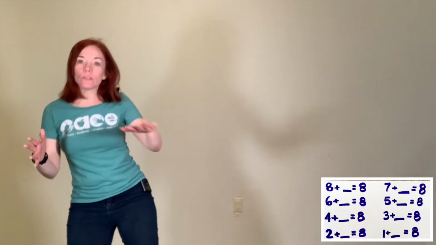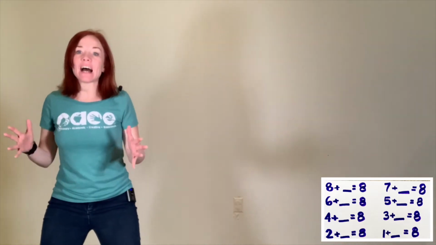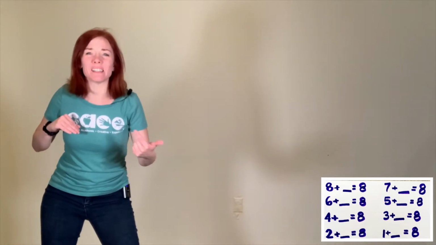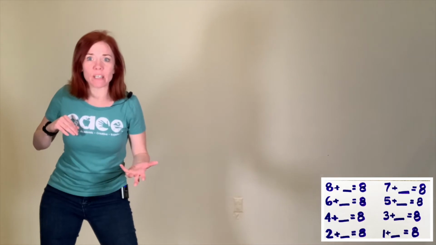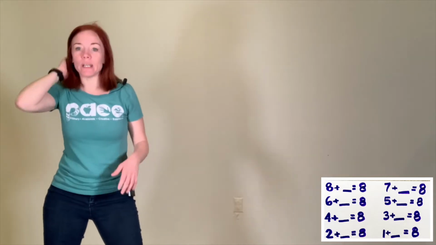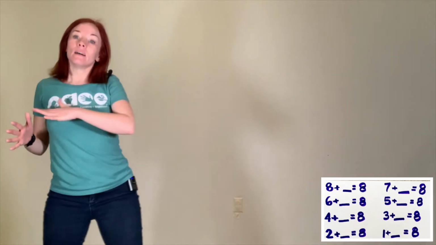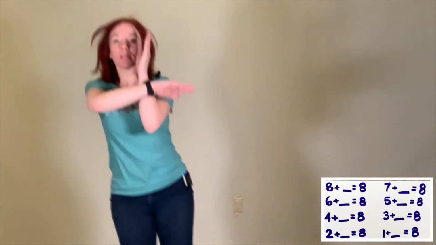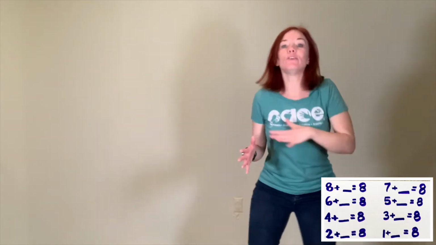Let's see. 1, 2, 3, 4, 5, 6, 7. How many more moves do we need to complete the number phrase that we did for 7? We only have one more move left to do, just that one, right? So we know 1, 2, 3, 4, 5, 6, 7 plus, we're going to do that one move, 1 equals 1, 2, 3, 4, 5, 6, 7, 8.